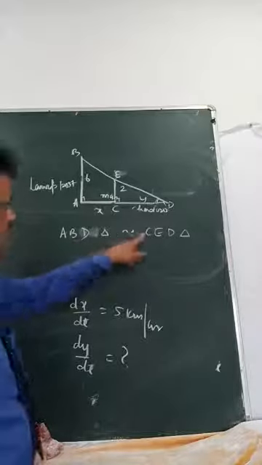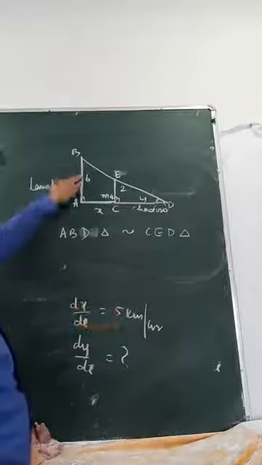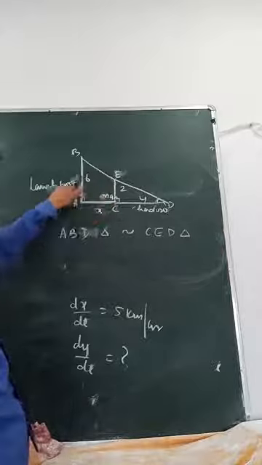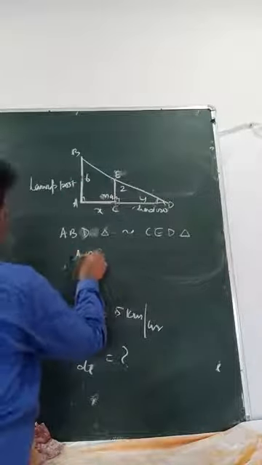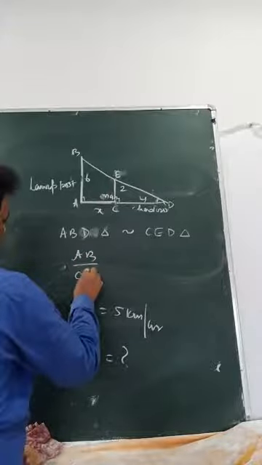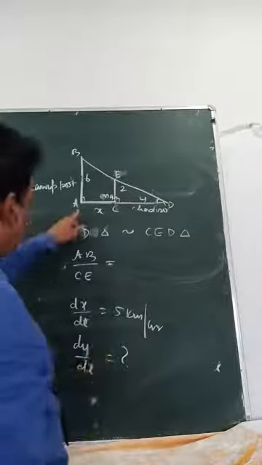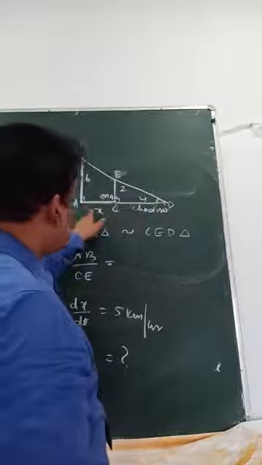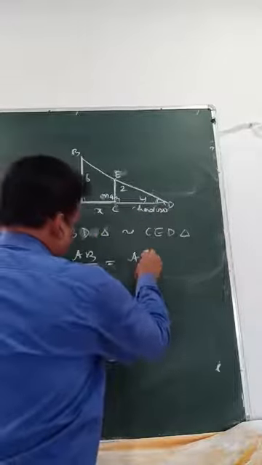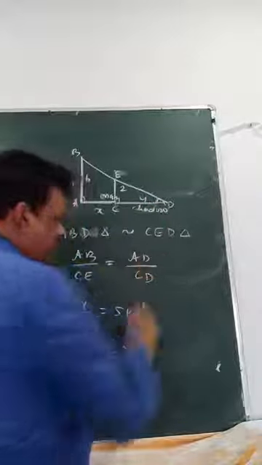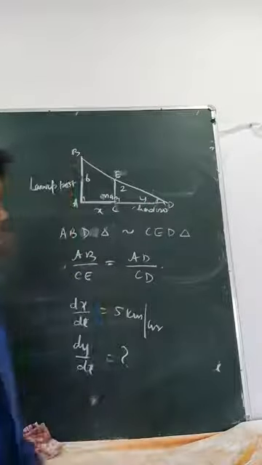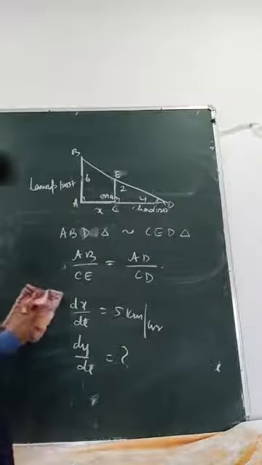If two triangles are similar, the ratio of the corresponding sides will be proportional. So AB by CE equals its longer side AD by CD. What will you get?